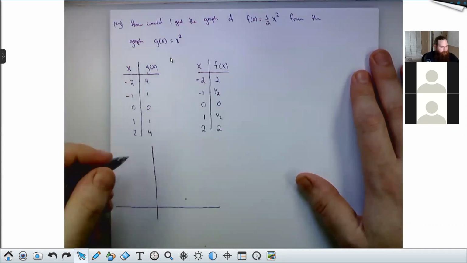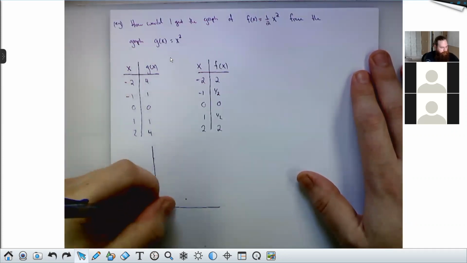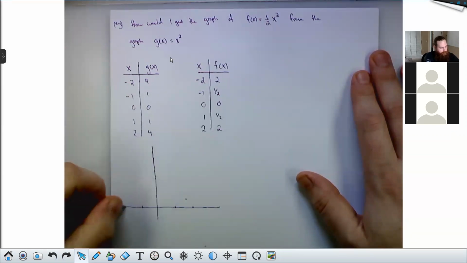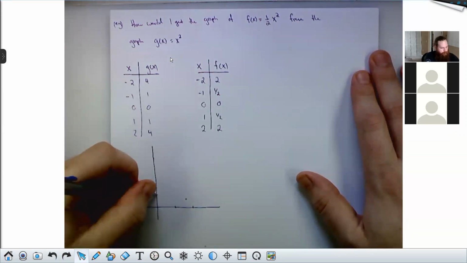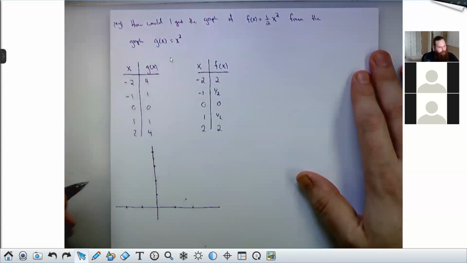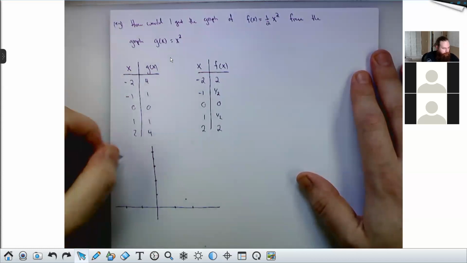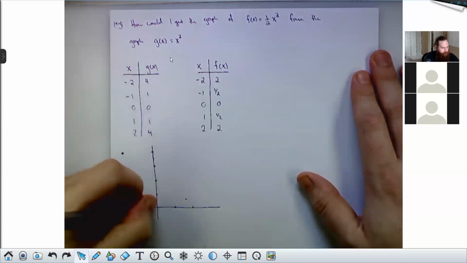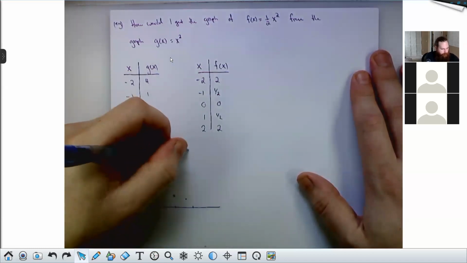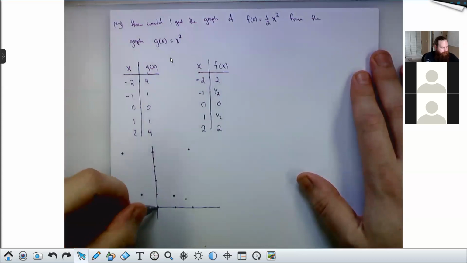We'll even draw them on the same coordinate axes. So here's 1, 2, -1, -2. So g of x I'll do in purple: -2, 4, -1, 1, 0, 0, 1, 1, and 2, 4. Here's the graph of g.